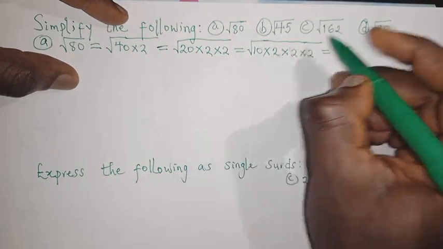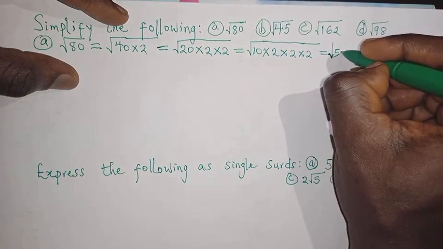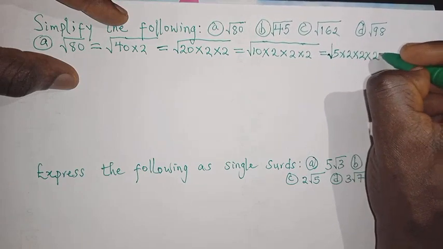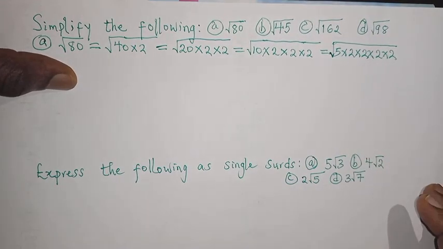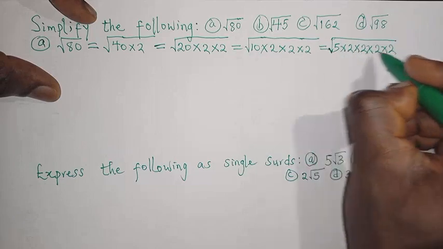And root 10, I can break further also into 5 times 2 times 2 times 2 times 2. Okay. Now, at the end of the day, what do I have? I'll notice something.